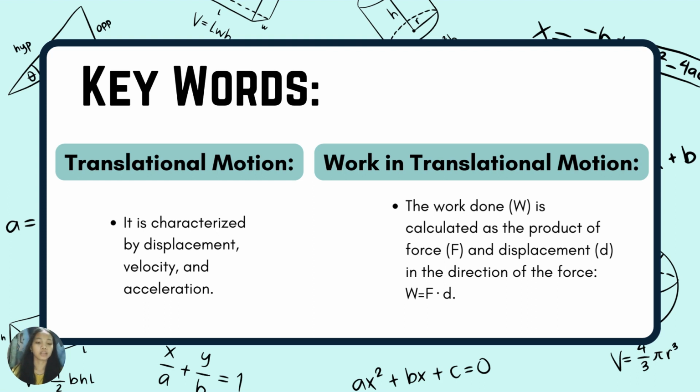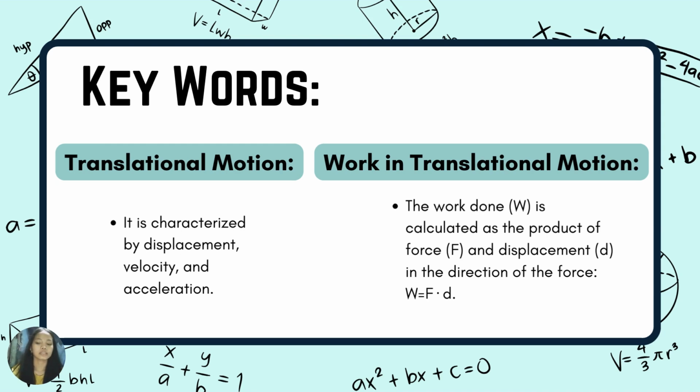Work is done on an object when a force is applied and the object moves in the direction of the force. The work done, W, is calculated as the product of the force F and the displacement d in the direction of the force. W equals F dot d. Or work done equals force dot displacement.